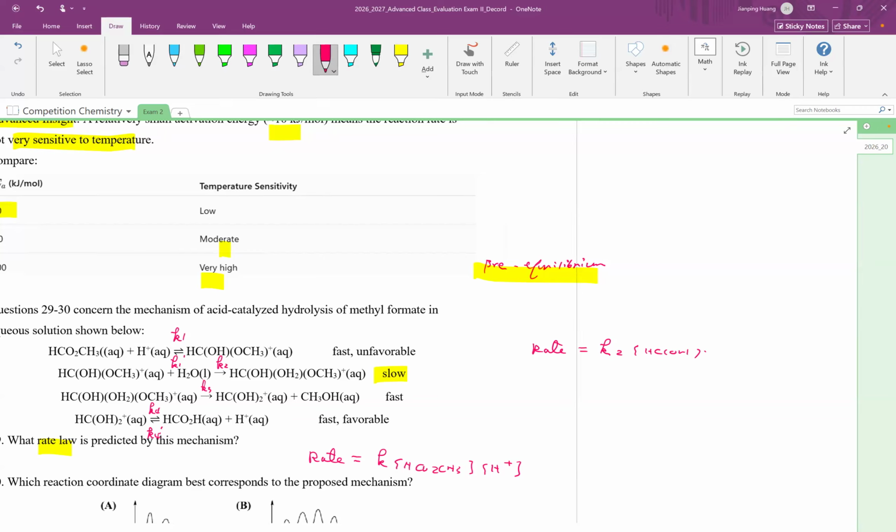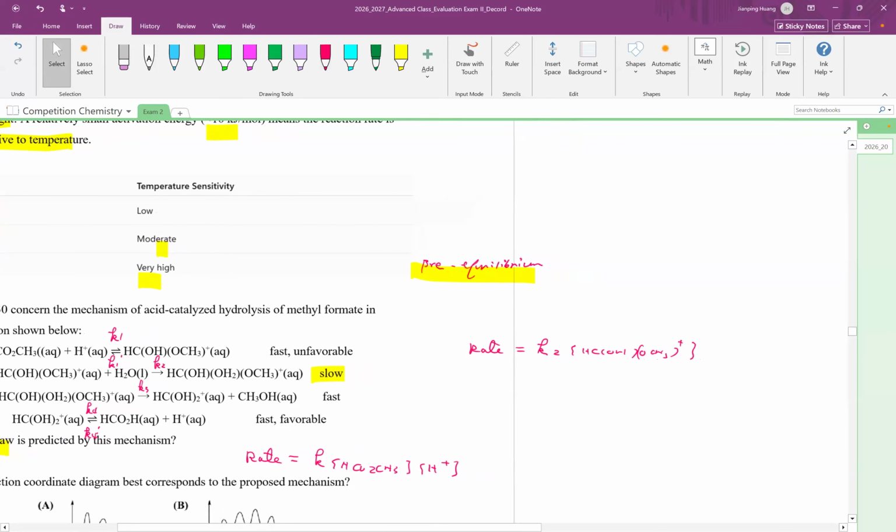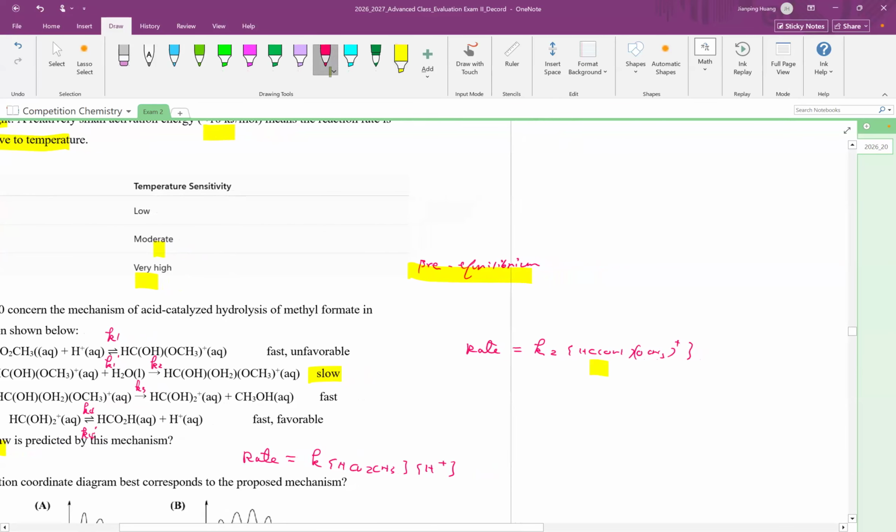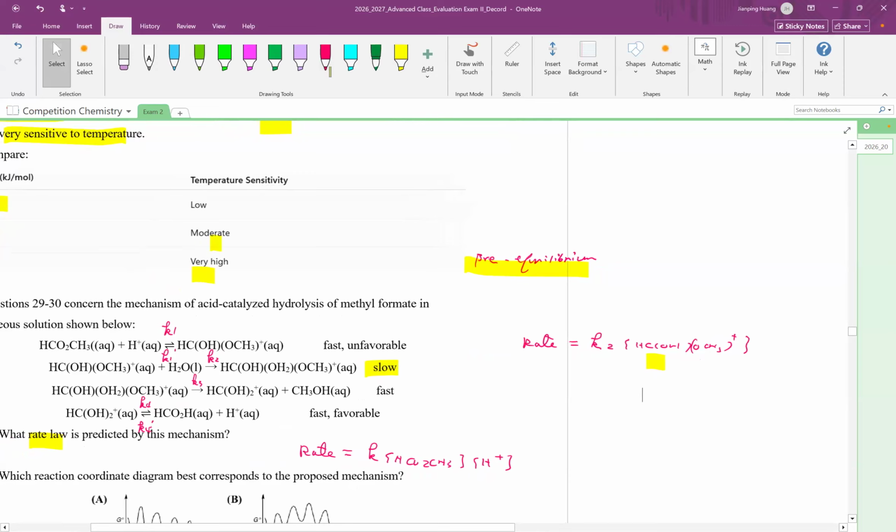HCOH, OCH plus. Water is a solvent. As we know, what's this? That is an intermediate. That is an intermediate. Now, see here.